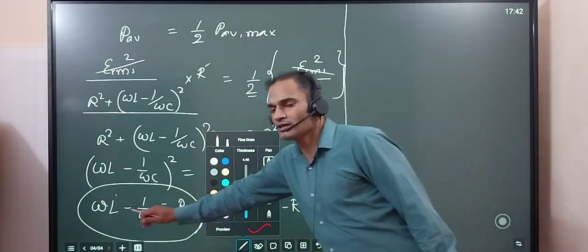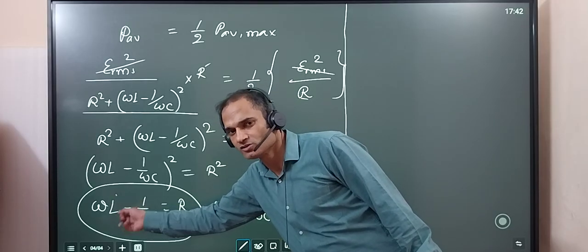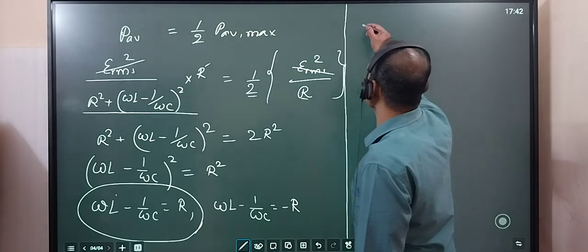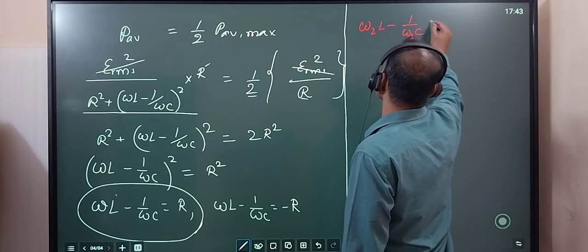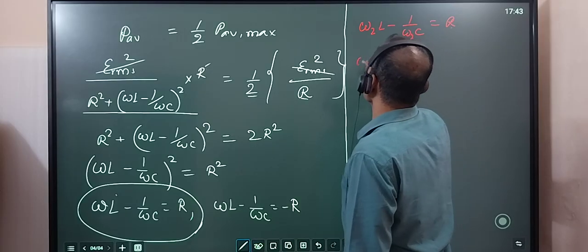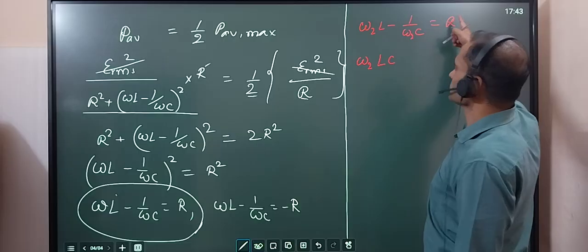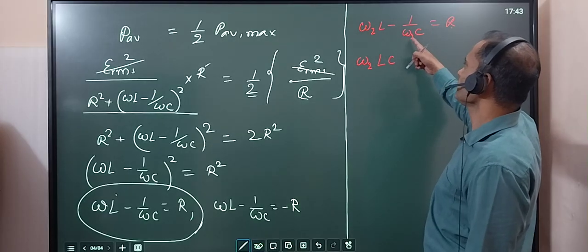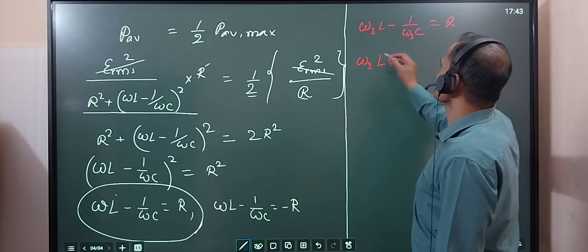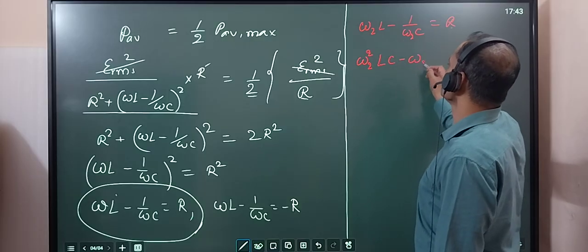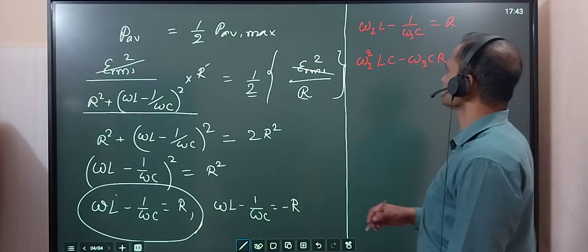So let us find the first one. I said that here omega will be larger than omega naught, so I will call it omega 2. So omega 2 L minus 1 by omega 2 C is R. Omega 2 LC, this will go this side, and this will become omega 2 CR, and on this side this will be omega 2 squared LC, omega 2 CR, and this will become minus 1, and this is 0.